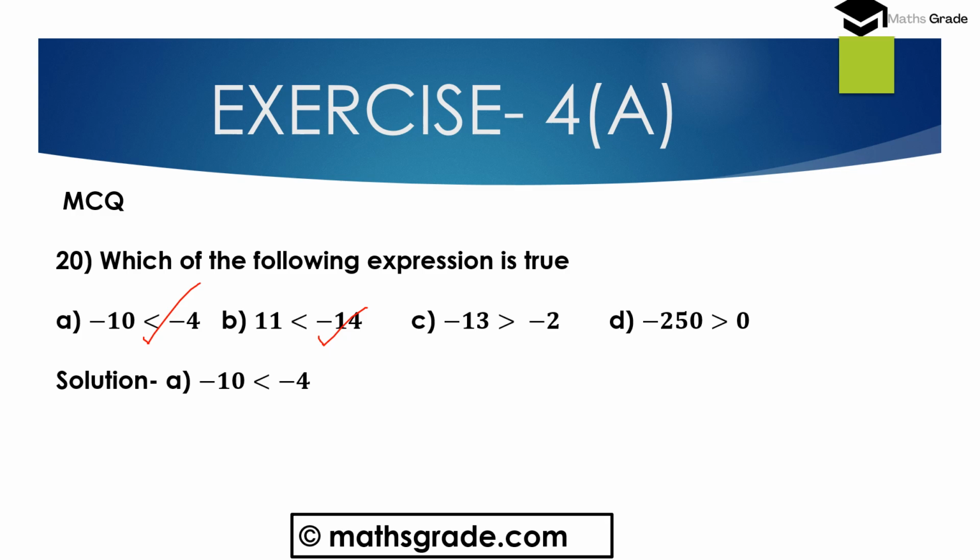Third option C, minus 13 is greater than minus 2. We know 13 is greater than 2, but here if we place the negative sign, then minus 13 will be less than minus 2. This is false.